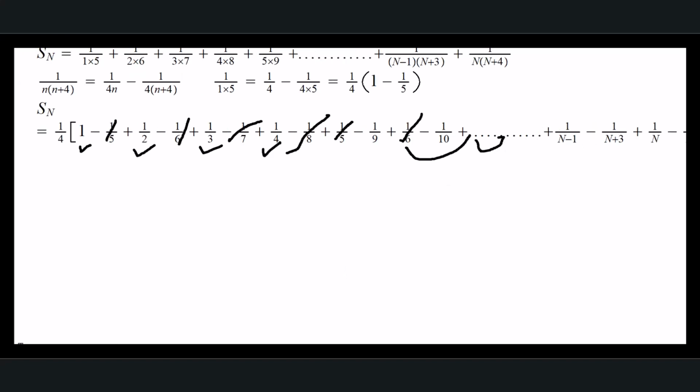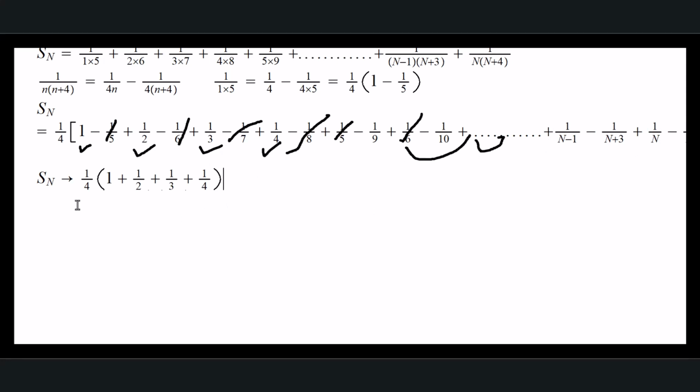Okay, so what happens here is this, that our S capital N will go to what? As capital N goes to infinity, 1 over 4 times 1 plus 1 over 2 plus 1 over 3 plus 1 over 4, because towards the end we'll have only 4 terms remaining that are functions of n, they will go to 0, and everything else here cancels out.